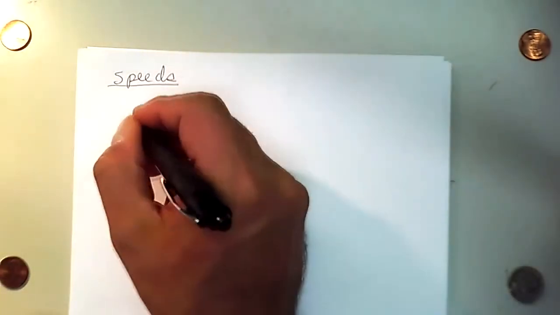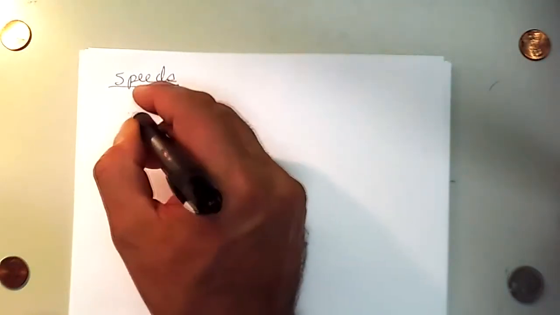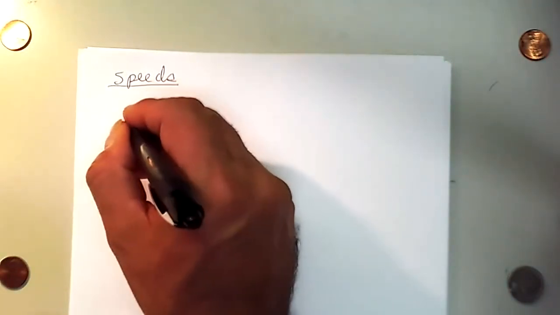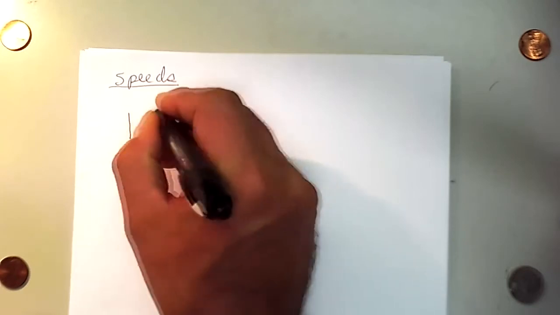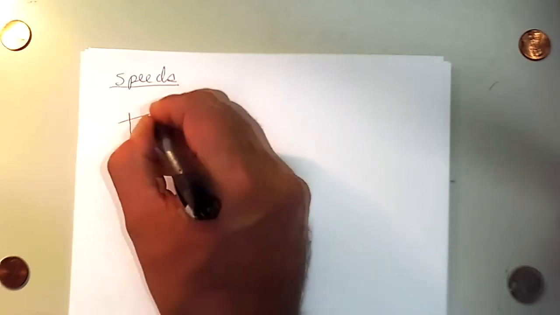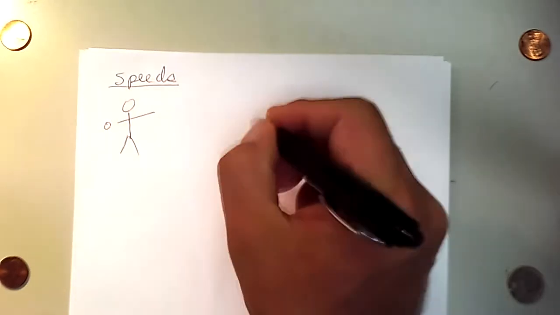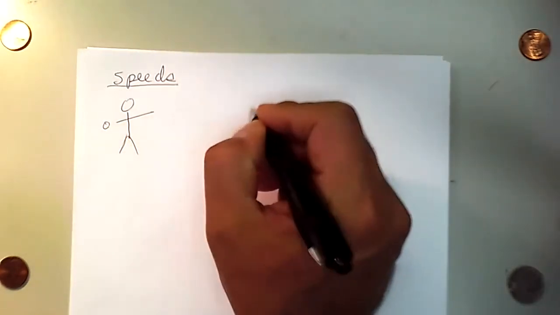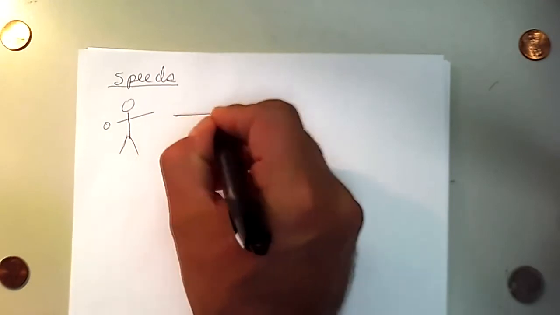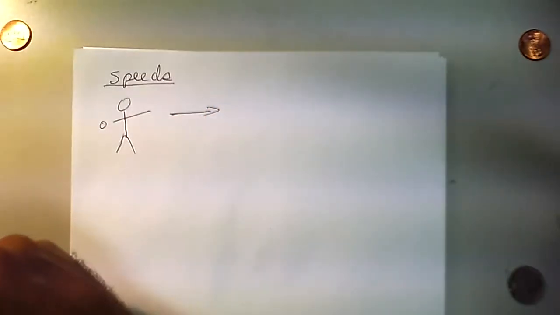If this is a typical example, and I think this is an old example, I didn't come up with it. If somebody throws a baseball, there's a baseball, this is a person, a stick man, and then that throws a baseball forward. I cannot throw too fast.